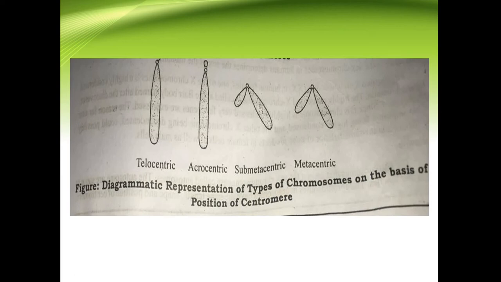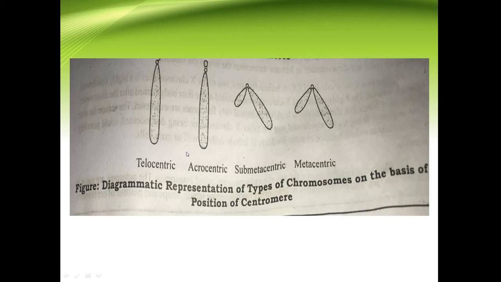The centromere is lying at the subterminal end of the chromosome and one of the arms is very long and the other arm is very short in this acrocentric type of chromosomes.